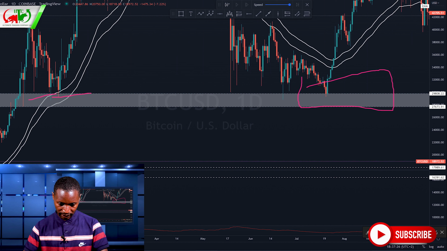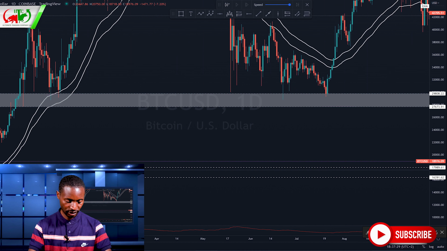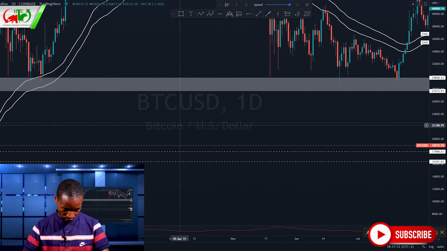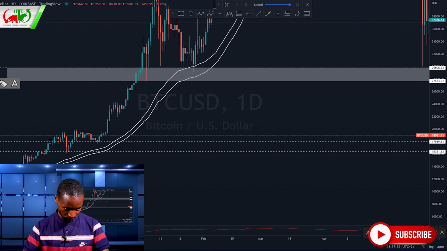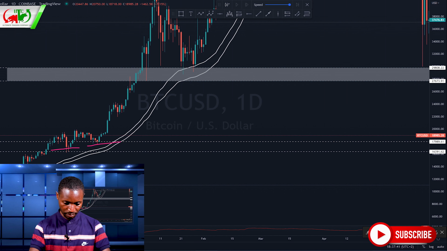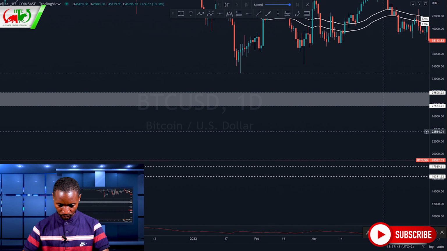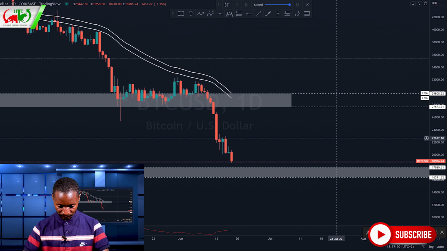As you can see, it has tested this level several times. Currently, if it continues to push lower, it will approach this support which managed to push Bitcoin up. Therefore, we will be watching the price action on this support since Bitcoin is approaching it.